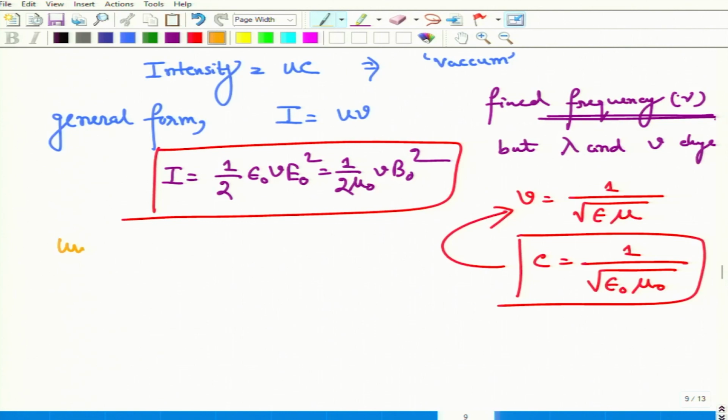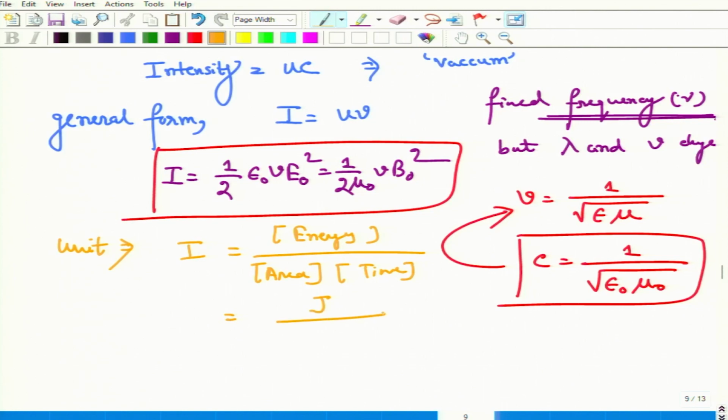The intensity of the electromagnetic radiation, I, is energy divided by area divided by time. Energy is joule, area is meter square, and time is second in SI units. So the unit is joule per meter square per second, or we can write it as watt per meter square, where watt is joule second inverse.